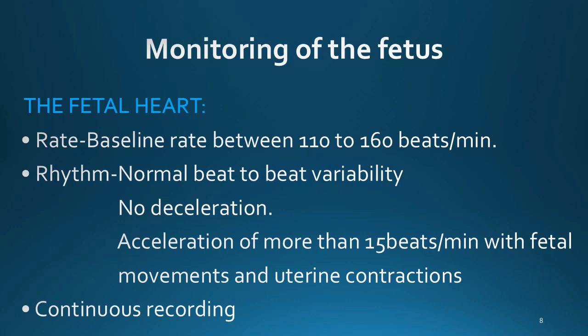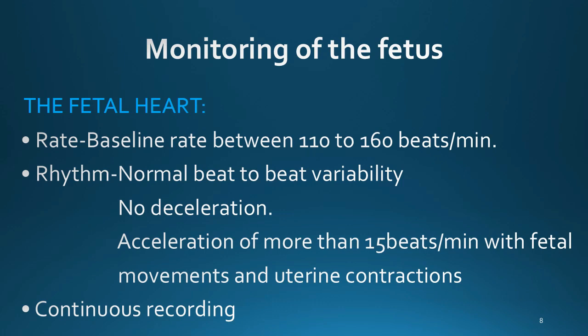Monitoring of fetal heart rate is very essential in labor management to identify fetal well-being. We can do fetal heart monitoring by auscultating with a Doppler or Pinard stethoscope, and another special electronic monitoring method, cardiotocograph or CTG.